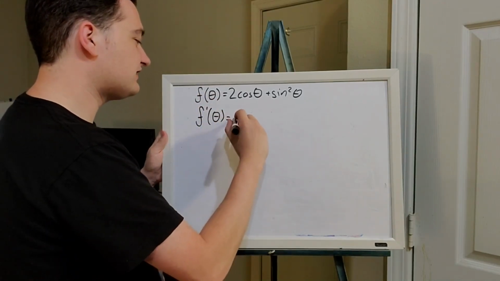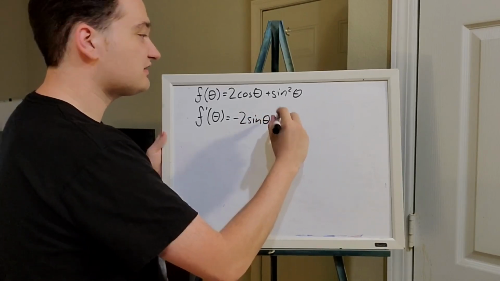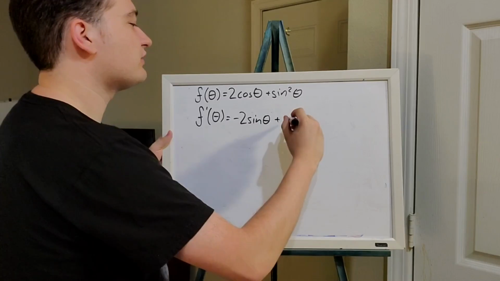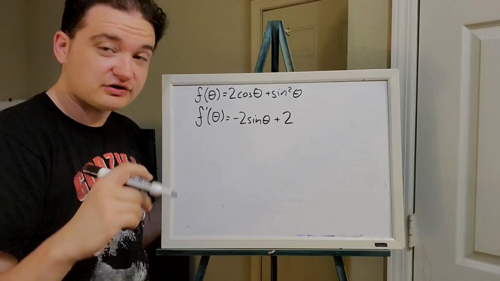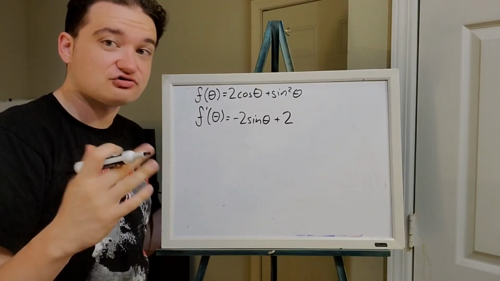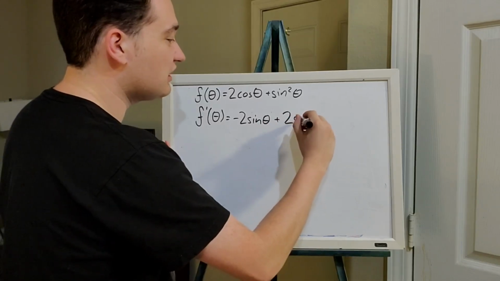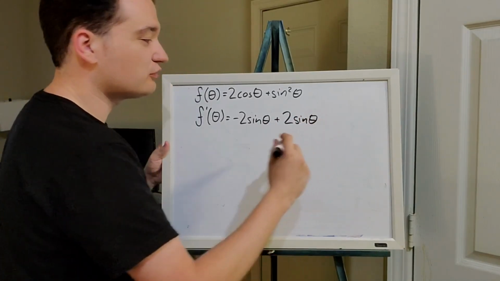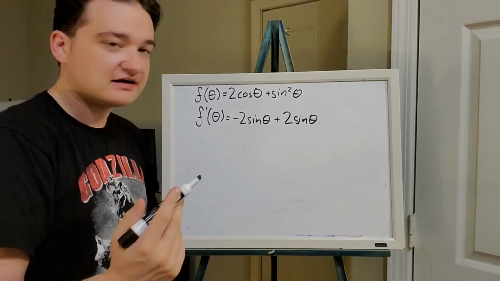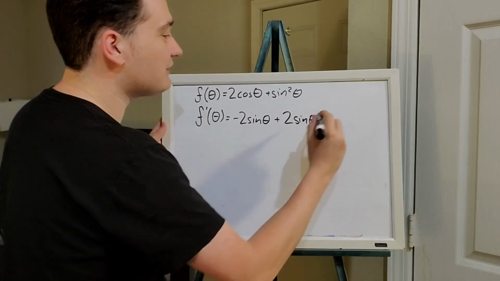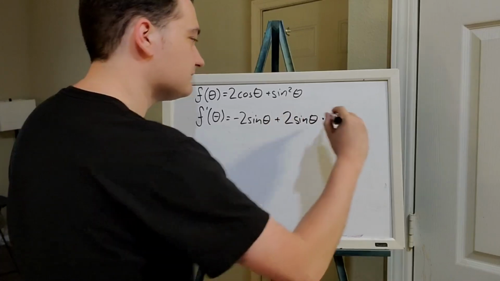Using what we know about trig, this is going to be negative 2 sine of theta plus, this is a chain rule, so we're going to have 2, because the exterior function is x squared, we're going to take the derivative of the outside function. X squared becomes 2x. We're going to plug in the inside function where that x would be, so it's not 2x, it's 2 sine of theta. And then we're going to multiply by the derivative of that inside function. Derivative of sine is cosine.